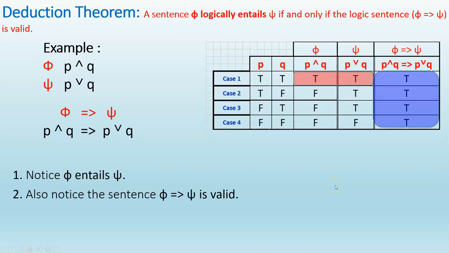And so what we're asserting here, in the deduction theorem, is that making the meta-level commentary about these two sentences, as in phi logically entails psi, is equivalent to saying this logic sentence is valid. So we've taken it from a meta-level discussion to analyzing a logic sentence.